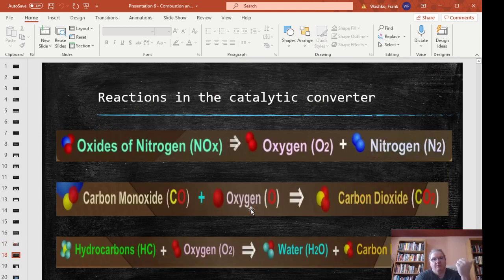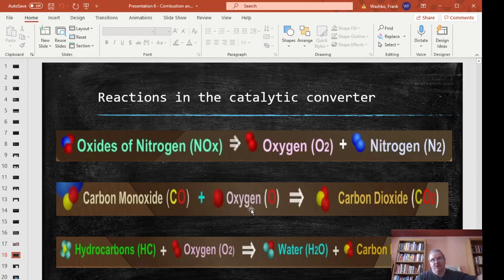So you have carbon monoxide. When the carbon monoxide runs over the noble metals, it's prompted to combine with whatever oxygen is present in the catalytic converter, and complete the reaction into CO2.